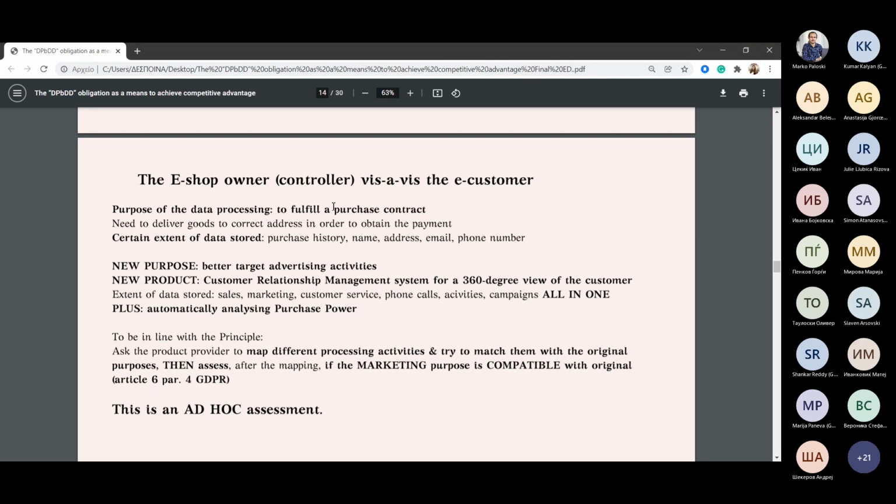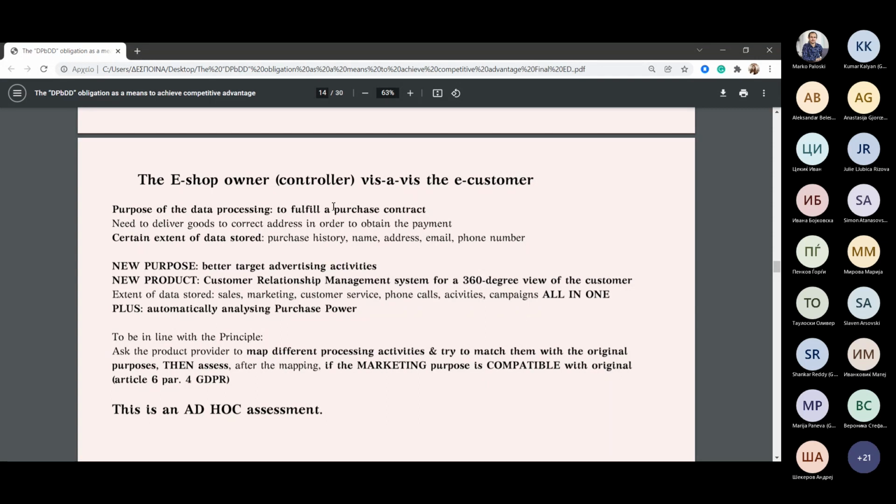So in order to be in line with the principle of purpose limitation, the controller should ask the product provider to map different processing activities and try to match them with the original purposes.